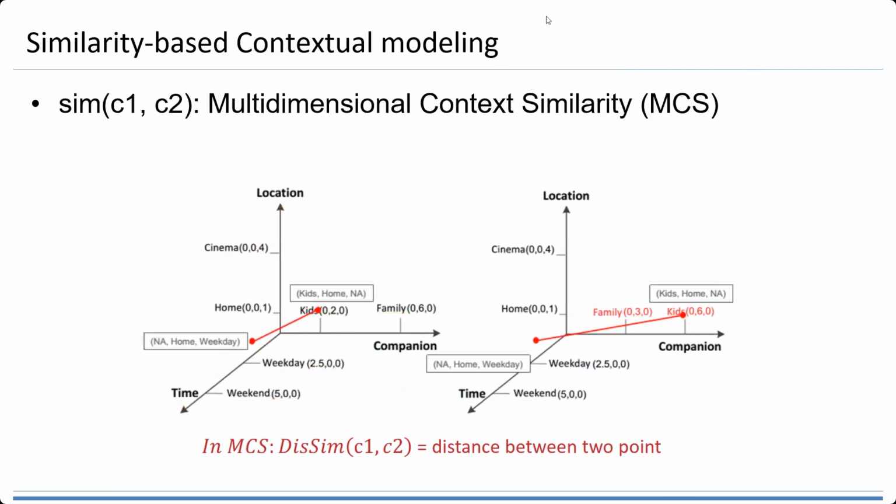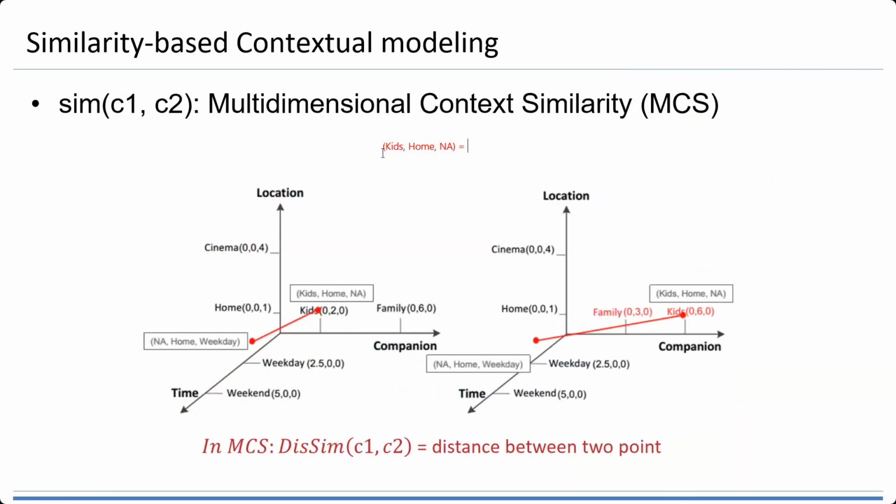Then let's say you want to measure the similarity of a particular context. I want to know, in this case, if it is kids and home, and then we have not available.